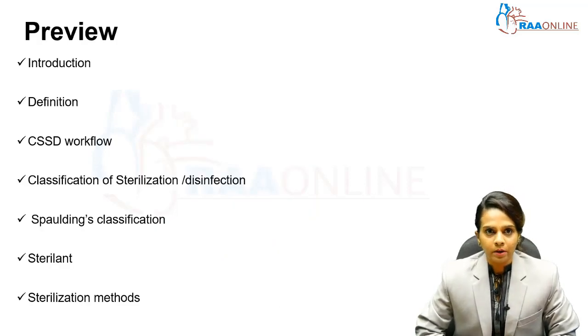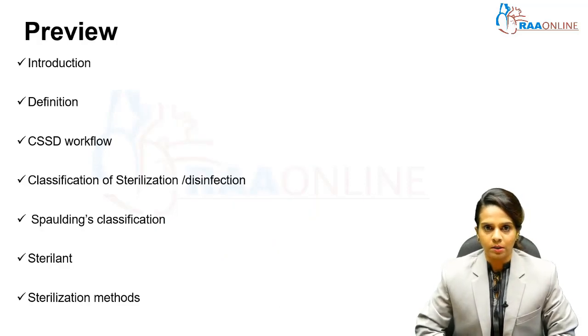So coming to the lecture preview. The first would be an introduction to sterilization practices, followed by the definition of sterilization and other related terminologies like disinfection, decontamination, washing and asepsis, and CSSD workflow, which everyone should be aware of, as it is very important in hospitals.